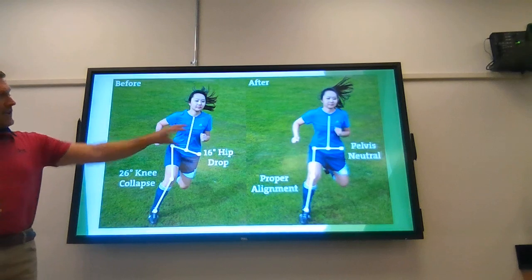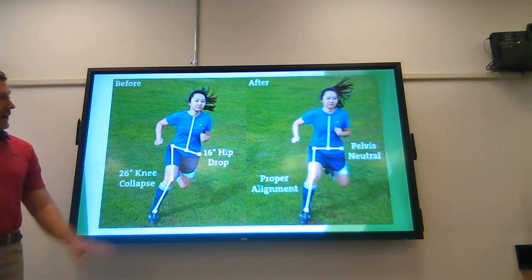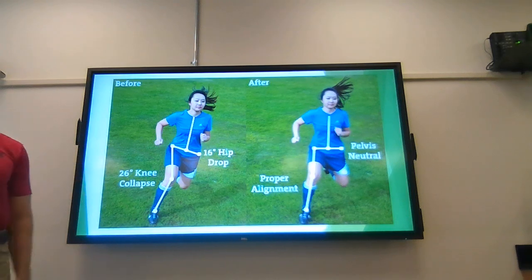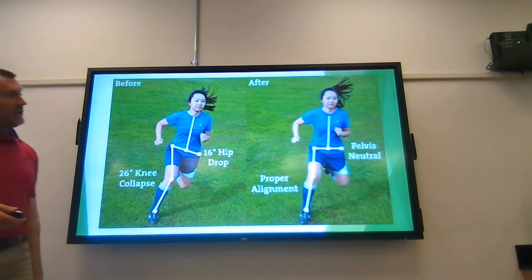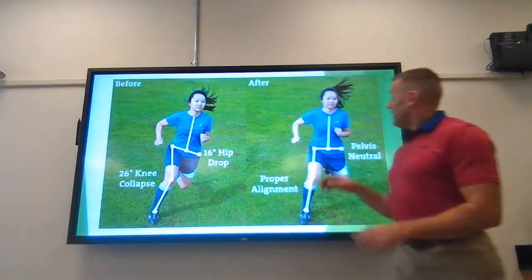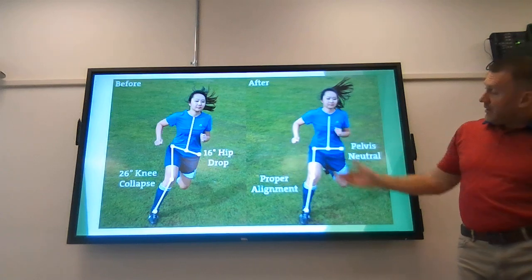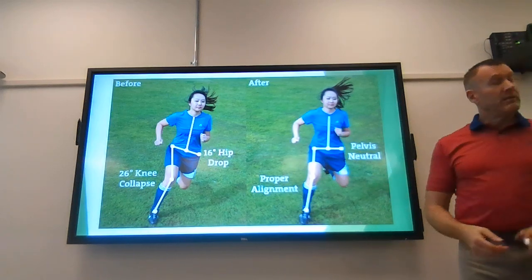So the center is the focus. We start there, and then it's a lot easier to get results further down the kinetic chain. What we want over time is a nice neutral pelvis, which means we're nice and stable, and then we get better joint alignment.